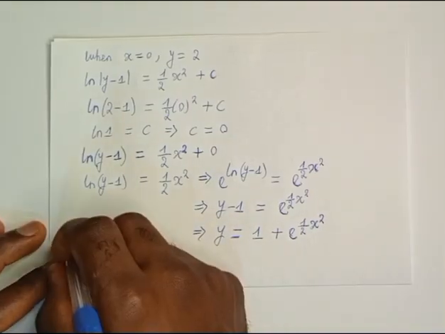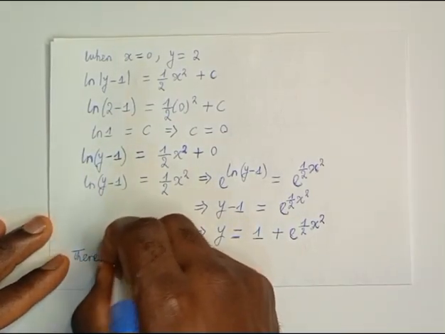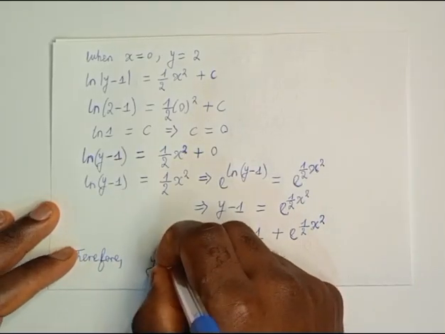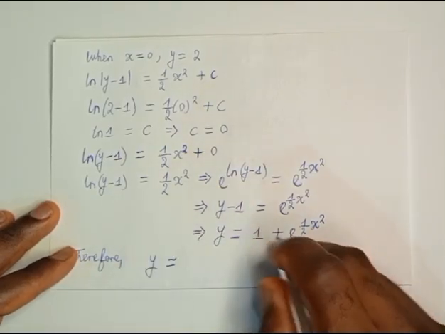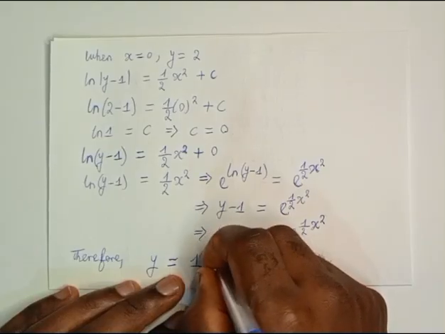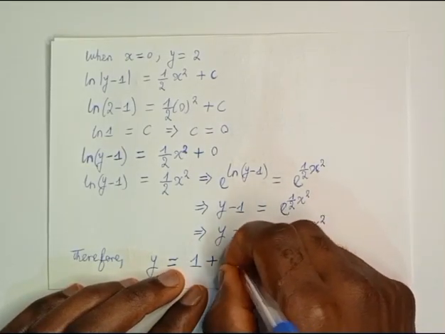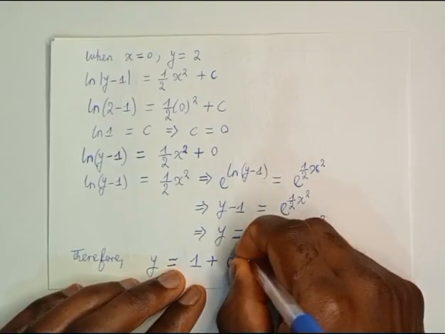Then we conclude, therefore, y is equal to 1 plus e raised to the power a half x squared.